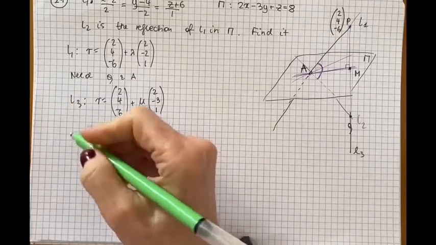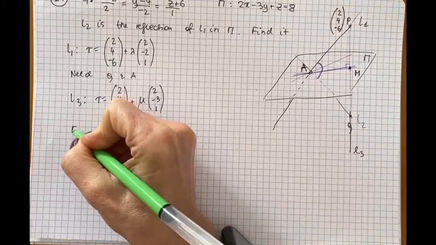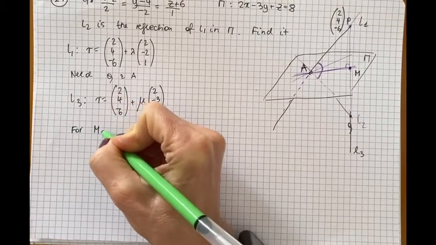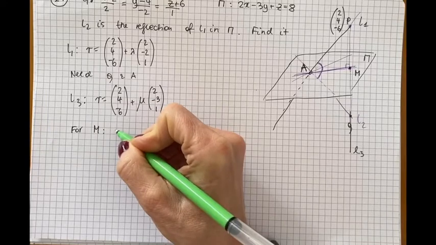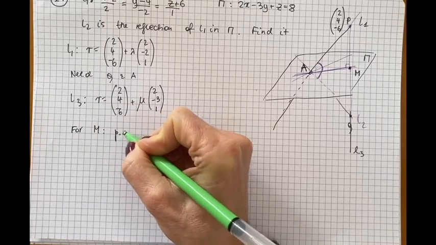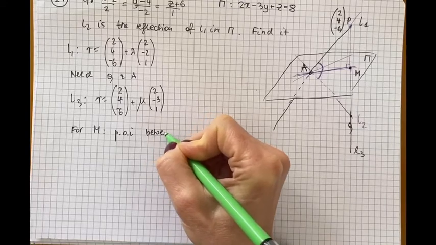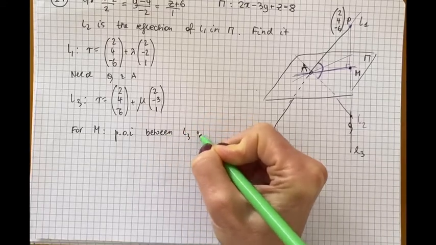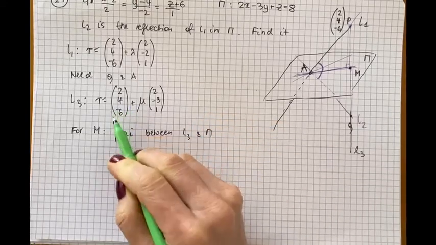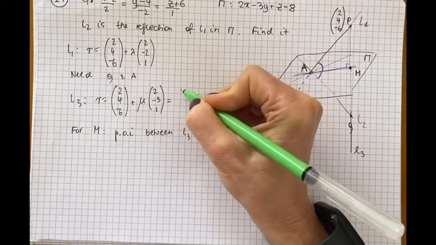We're going to find M. We're going to find a point of intersection between L3 and pi.